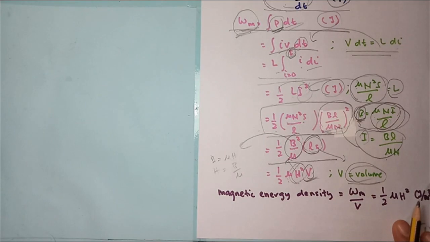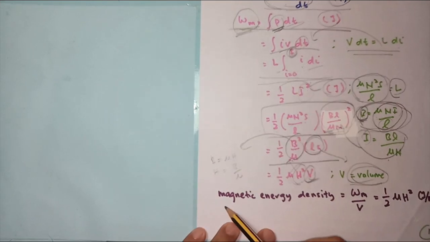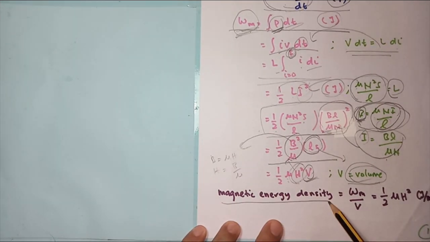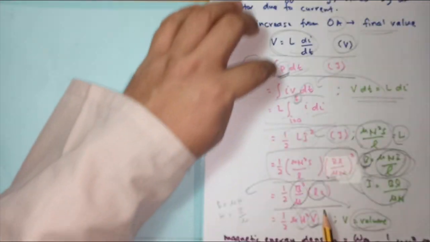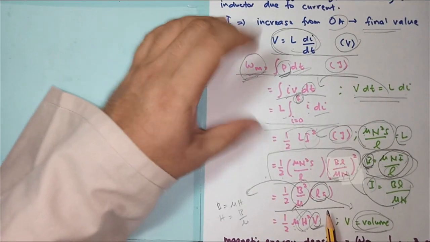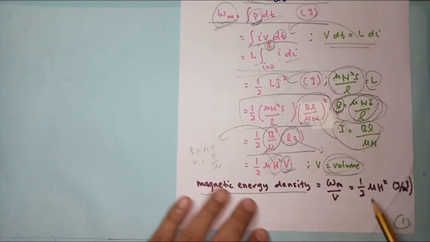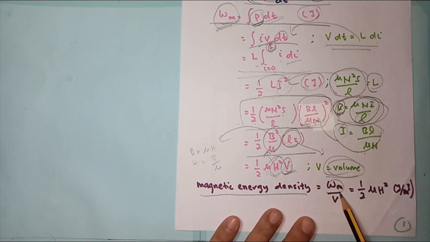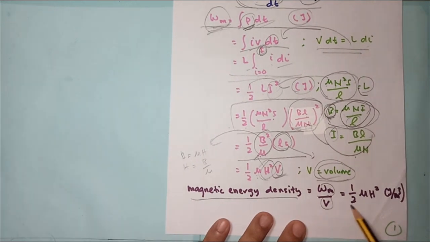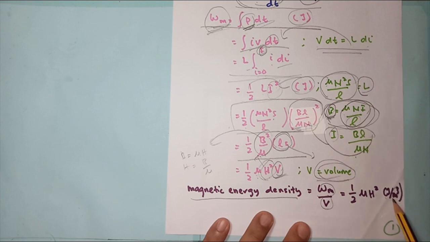If we look into the magnetic energy density, which is the magnetic energy divided by the volume of the inductor, we have Wm divided by V equal to half mu H squared, and the unit is joule per meter cubic.